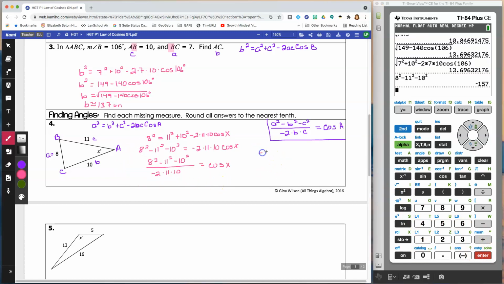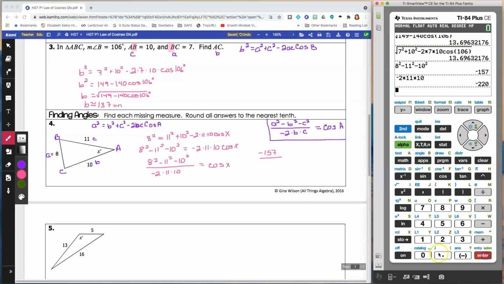So I have negative 157 divided by, now let's go ahead, negative 2 times 11 times 10, right? So this is negative 220. This is equal to the cosine of x.